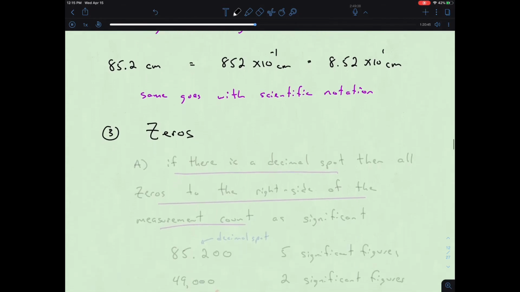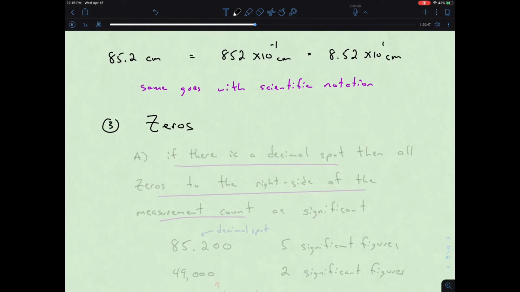Zeros is the next topic within sig figs, and these are the troublesome crew of the bunch. So there's a couple different rules within zeros.